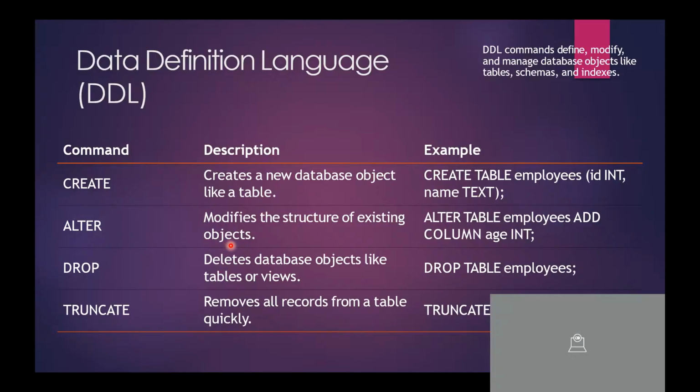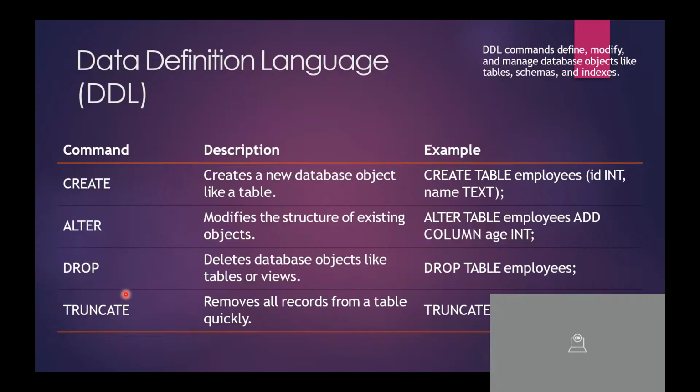Sorry, alter does not act as a delete command, it's a modify command. Suppose your name is spelled wrongly: your name is Ram, and by mistake it is written as Rama. To correct this, you will use alter.